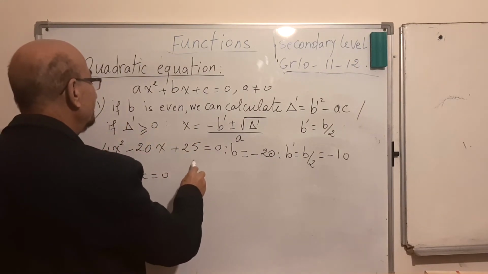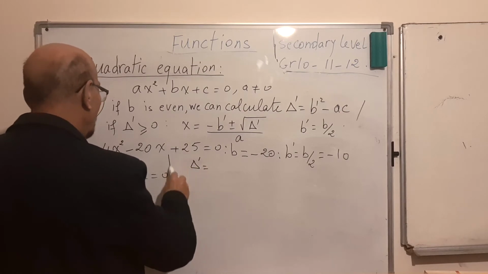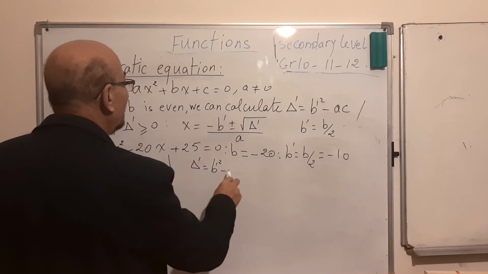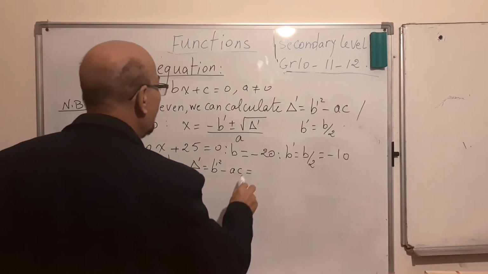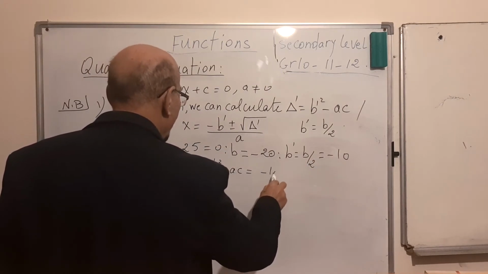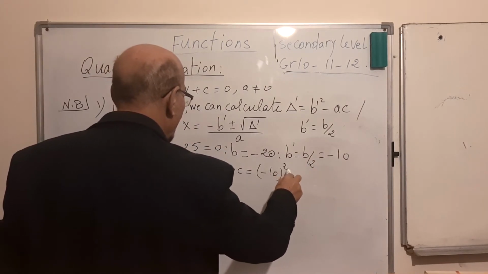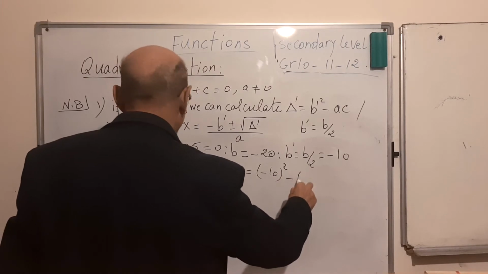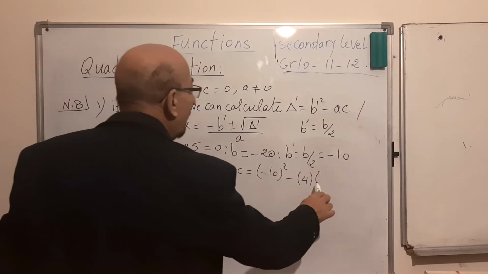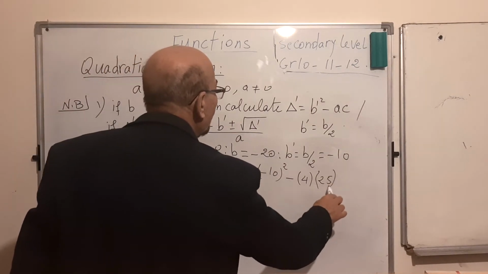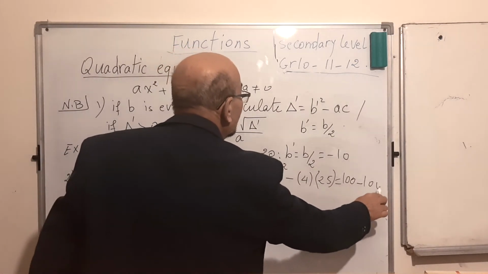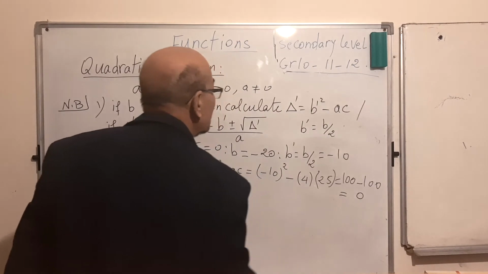So delta prime equal b prime square minus ac, minus 10 square minus a times c, 100 minus 100 equals 0.